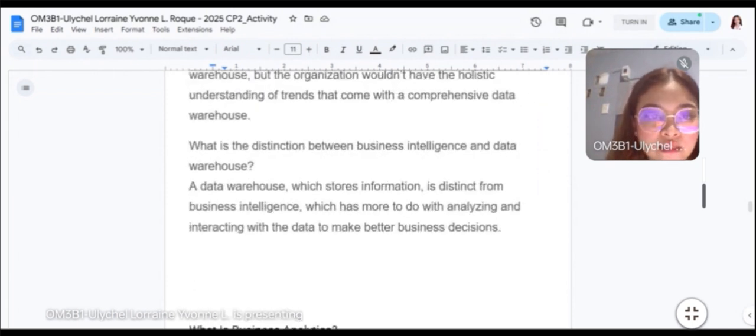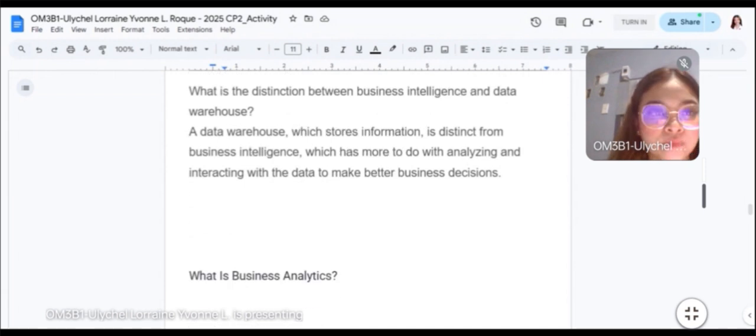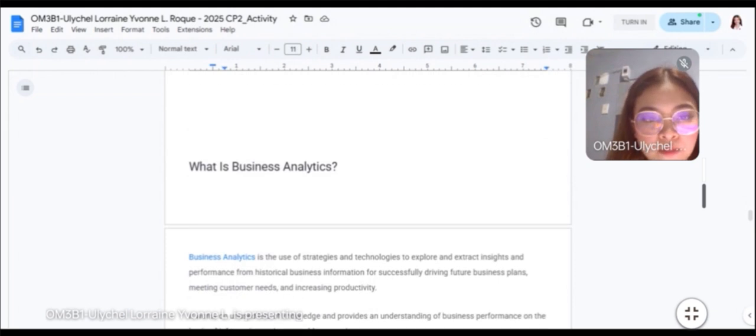What is the distinction between business intelligence and data warehouse? A data warehouse, which stores information, is distinct from business intelligence, which has more to do with analyzing and interacting with the data to make better business decisions. And what is business analytics?